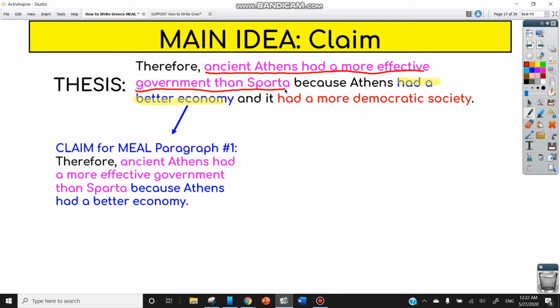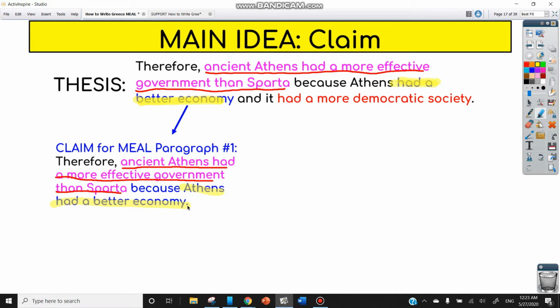Ancient Athens had a more effective government than Sparta, and right here it's the same thing. Therefore, ancient Athens had a more effective government than Sparta. Okay? And then you would just take one of the reasons that you included in the thesis. It's highlighted yellow, and right here it is the same reason.